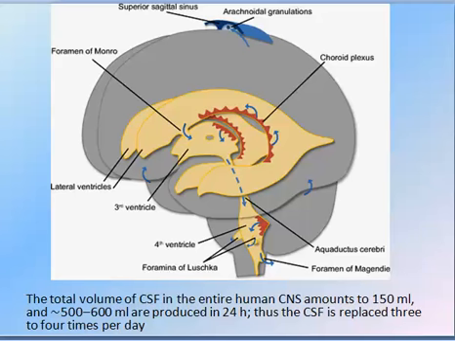CSF as a whole is then drained into the surface of the brain in the granulation tissues, or what we call the arachnoid granulations. We have a total of 150 milliliters, but production is up to 600 milliliters in 24 hours. That means this CSF is changed 4 times a day.